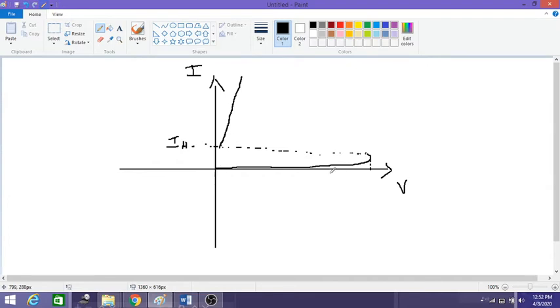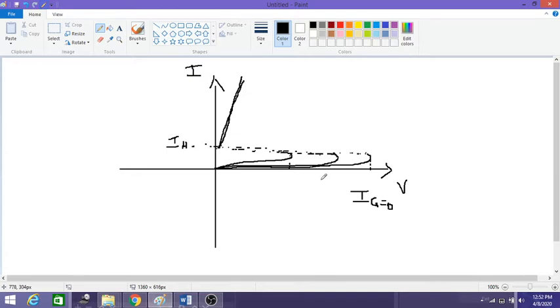This might be for the gate current IG equal to 0 milliamperes. And then as we apply the gate current, it will start conducting for a lesser anode to cathode voltage. Likewise, as we increase the gate current higher and higher, for a lesser anode to cathode voltage the SCR will turn on, and thereby the SCR will be in the on state.